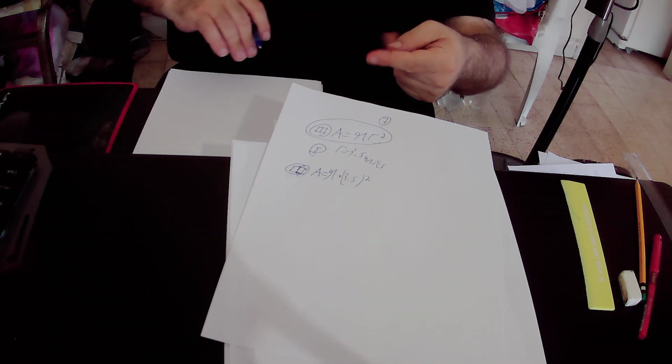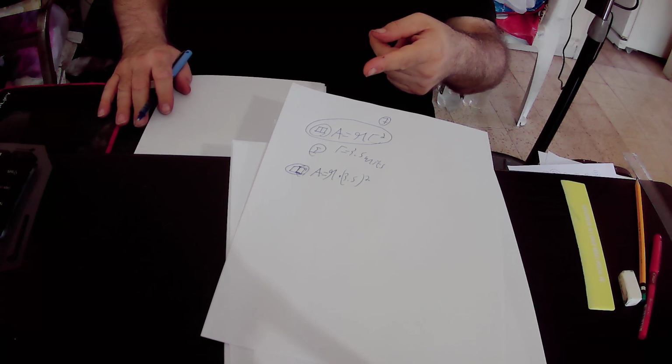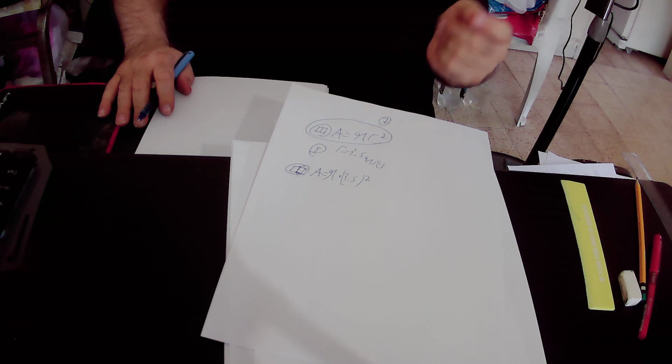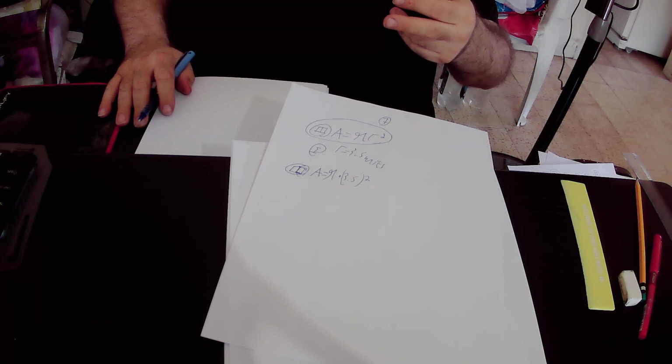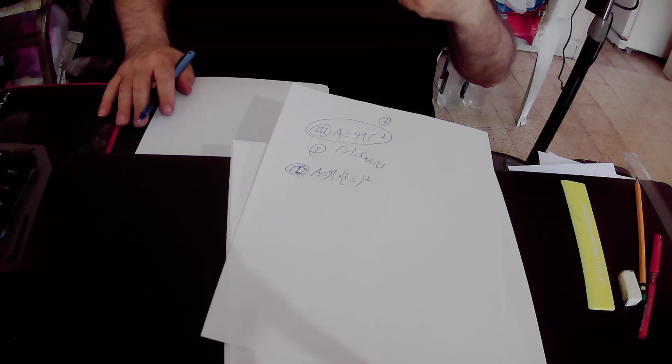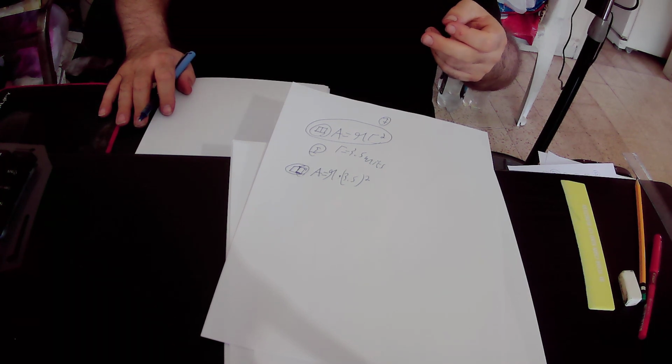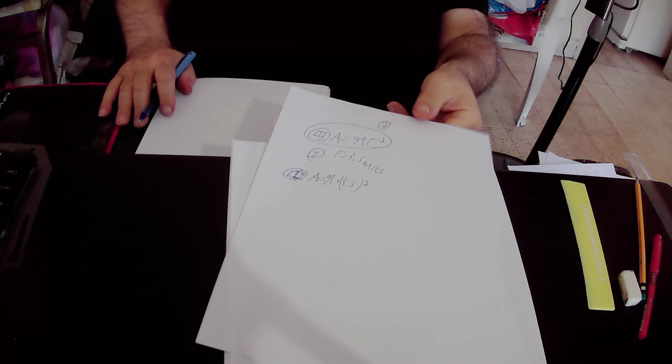So actually in the third equation we substituted r by 3.5 units and we got that the area of the yellow circle equals pi times 3.5 squared, and 3.5 squared equals 12.25, so we write it down.